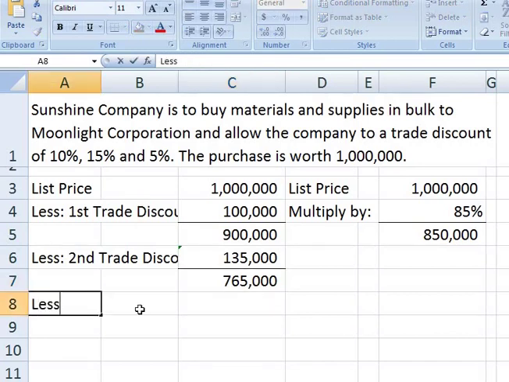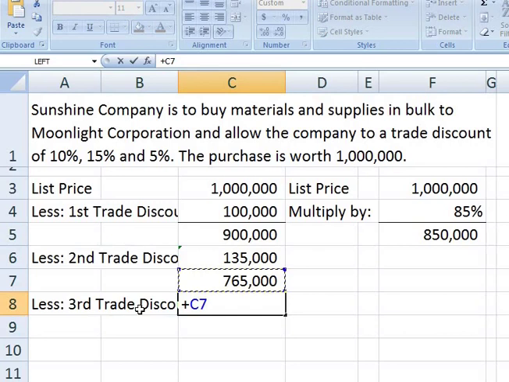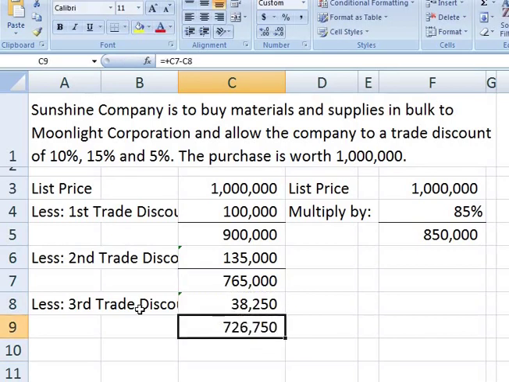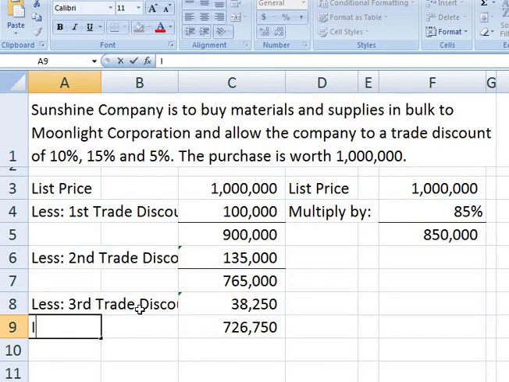Then lastly, your third trade discount. So again, based na dito sa net amount. So that's 5%. Okay? So that's the amount. So i-deduct natin. So this is now your invoice price.